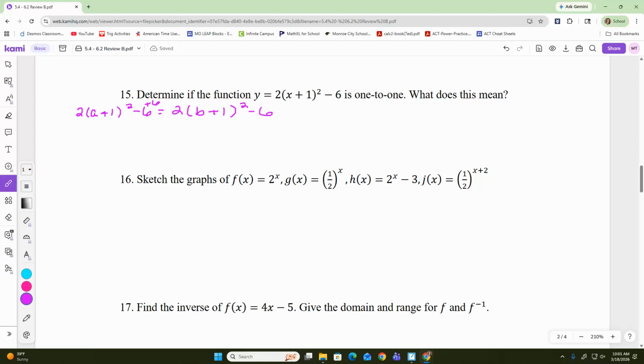So if you add 6, that's going to get annoying. Then what would we do?